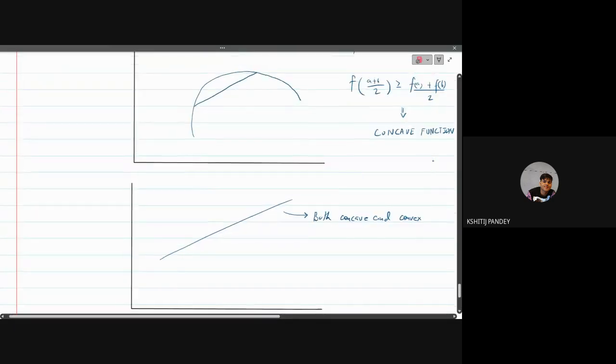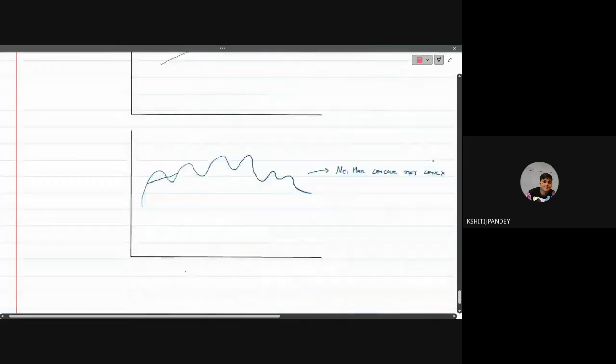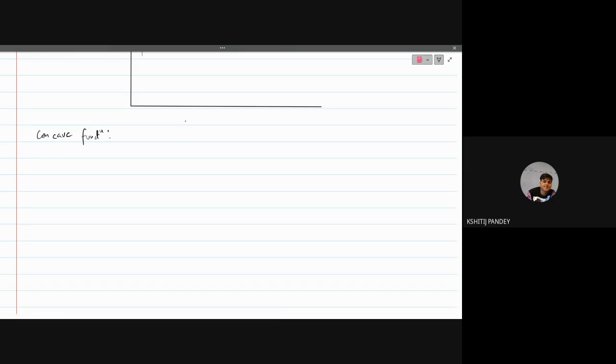Now the question is, how is all this beneficial to us? Well, it is beneficial to us, and let's see how. Let's say we are talking about concave functions. What's the inequality?